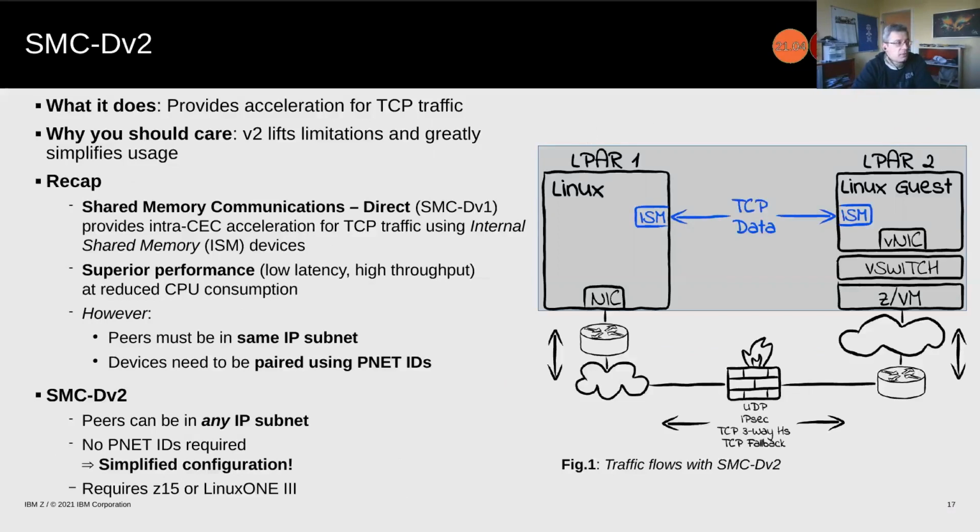SMCR version 2 is coming. The code went upstream just a couple of weeks ago. That's why it's too new to really talk about yet, but we'll soon start talking about it. And that will also lift the same IP subnet restriction for SMCR. However, we're remaining with the PNet ID configuration option there, just as some kind of outlook.